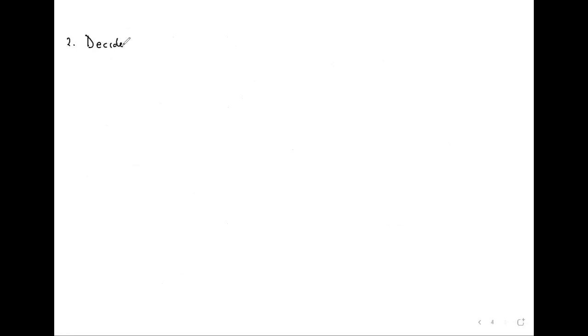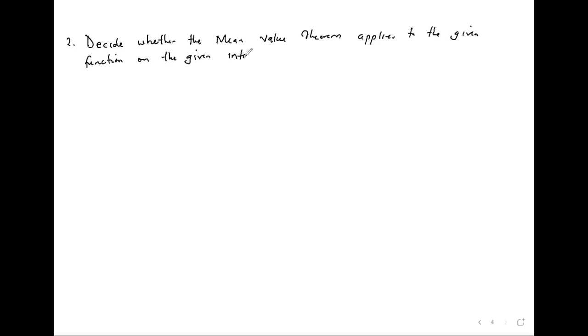Decide whether the mean value theorem applies to the given function on the given interval. If it does, find c.